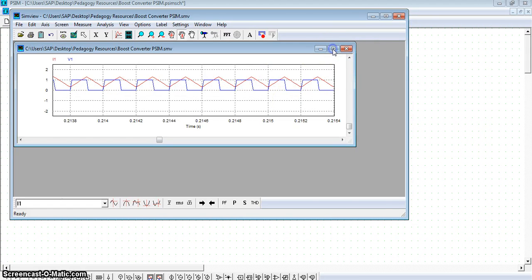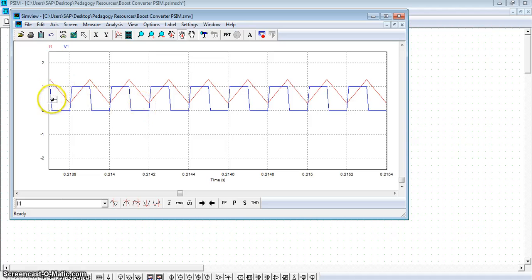So this is the waveform. Here we can see the input inductor current is well above the 0 line. That is, here the boost converter operates in continuous conduction mode.